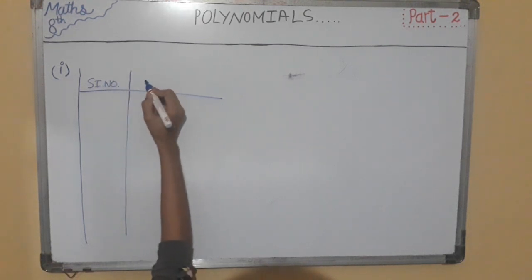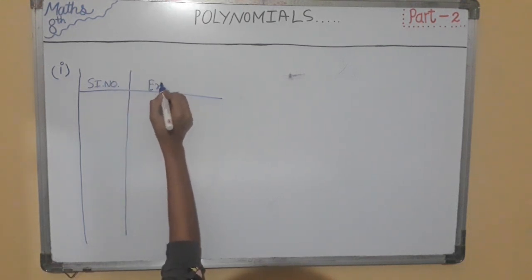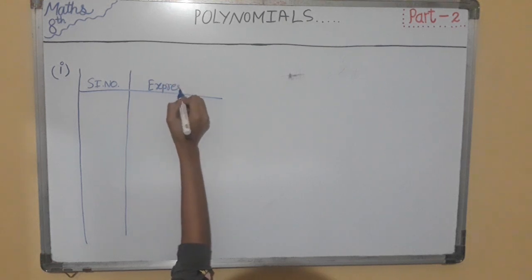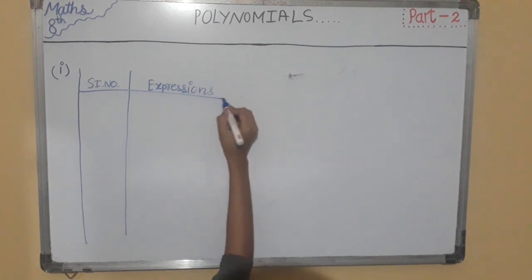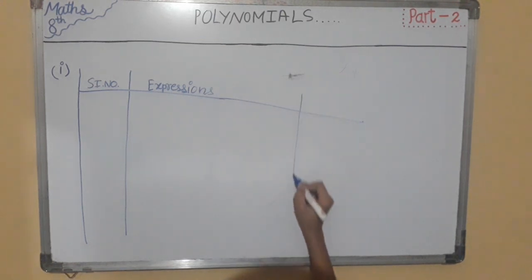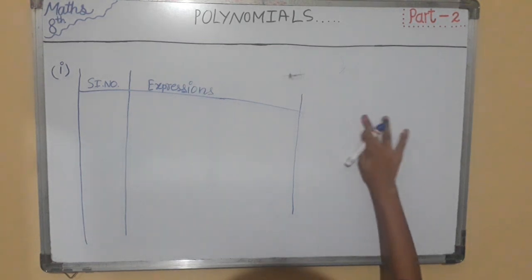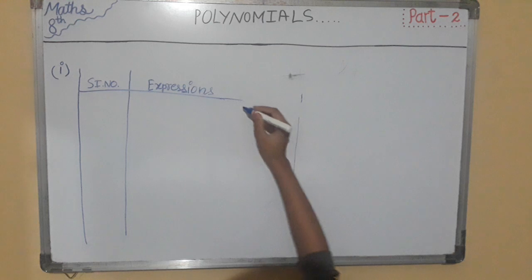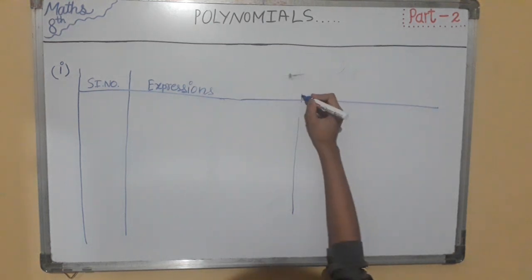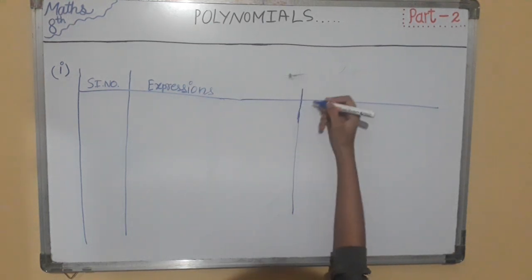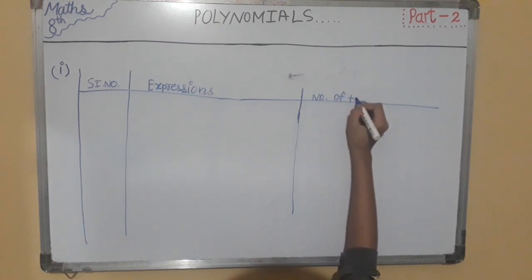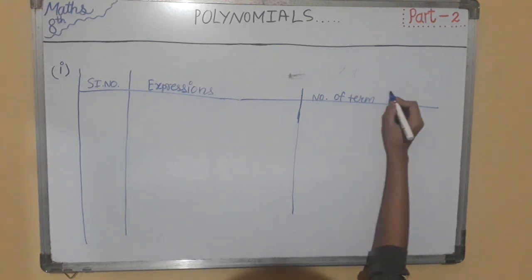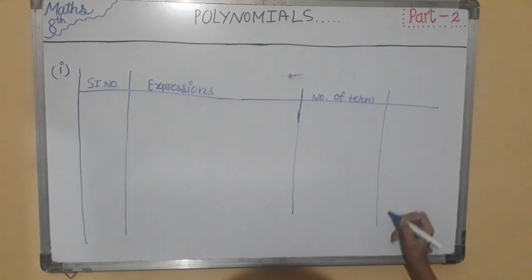This is expressions, examples of expressions based on the type of polynomial. Here it is number of terms, and this is type.